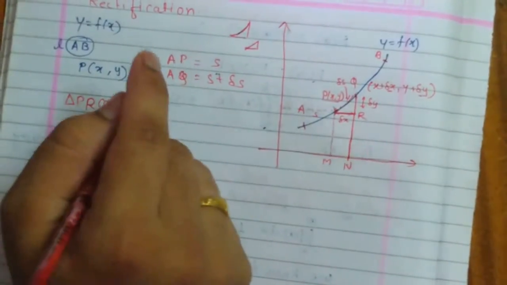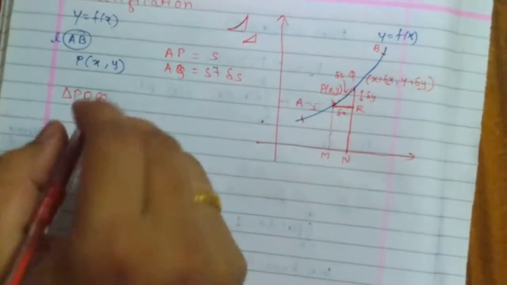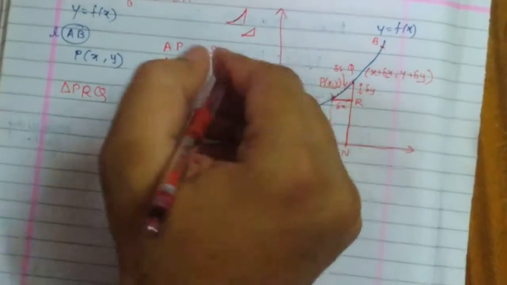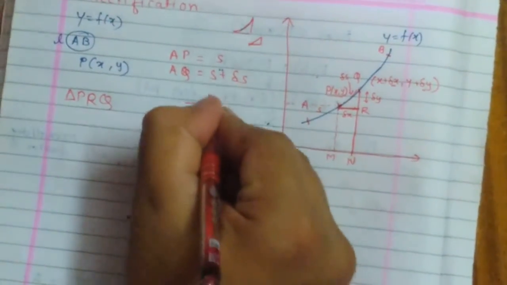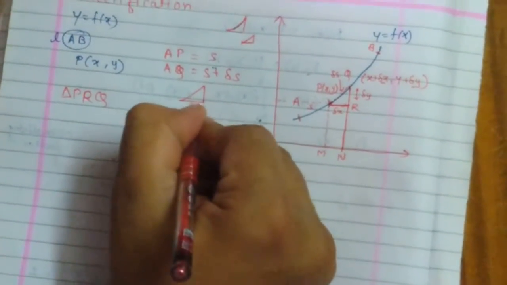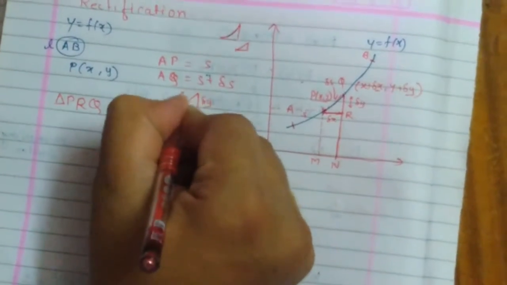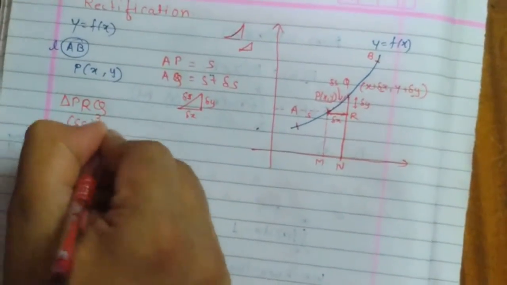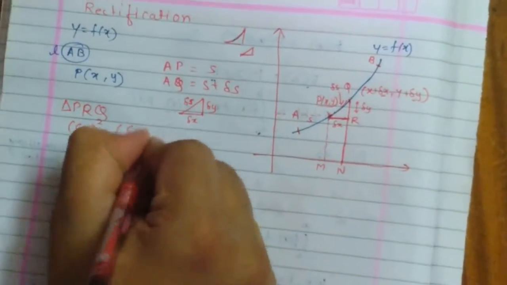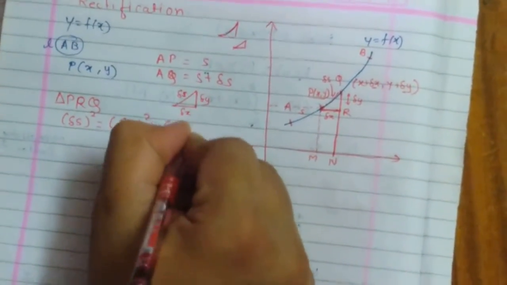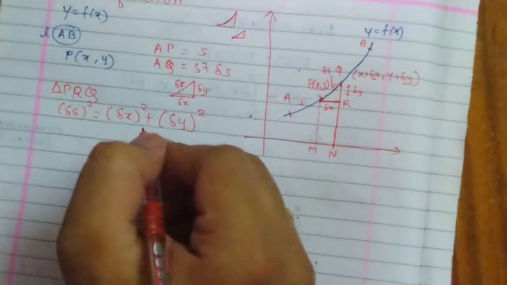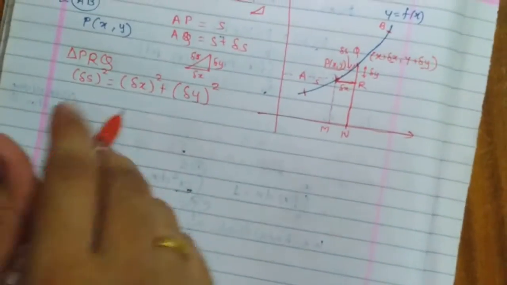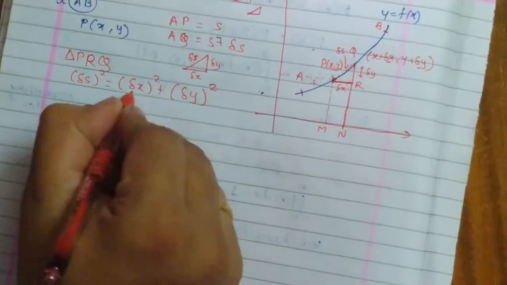By the Pythagoras theorem, just have a look here. This distance is delta x, this is delta y, and this is delta s. So by Pythagoras theorem, delta s square is equal to delta x square plus delta y square. Now I divide both sides by delta x square.